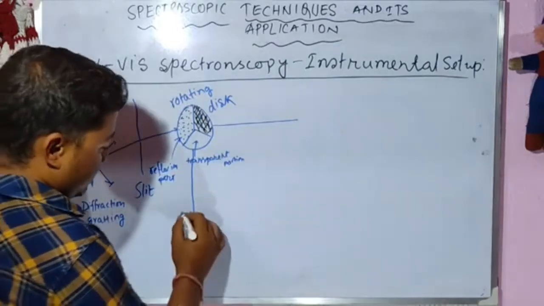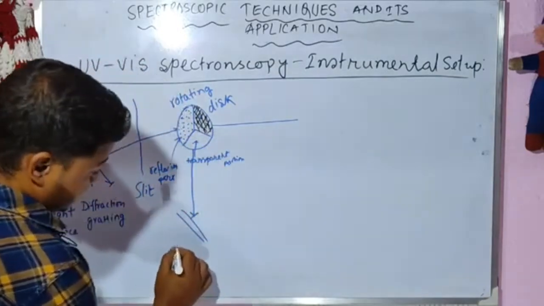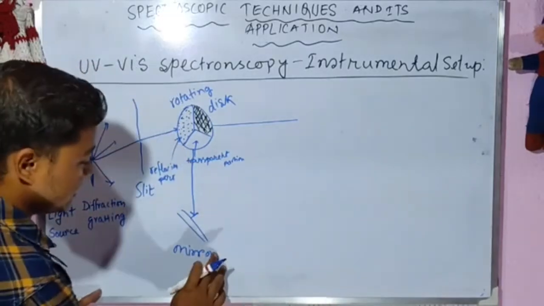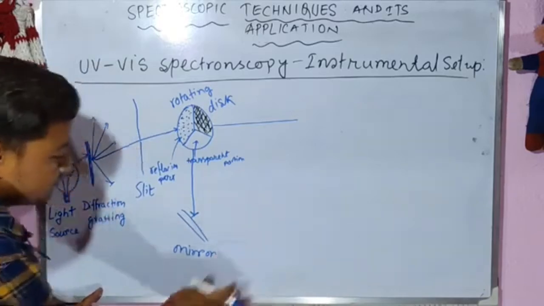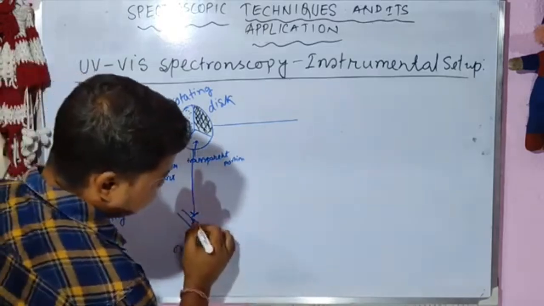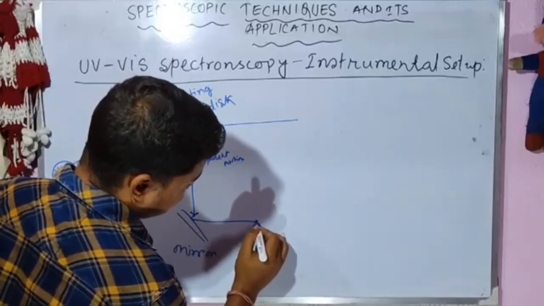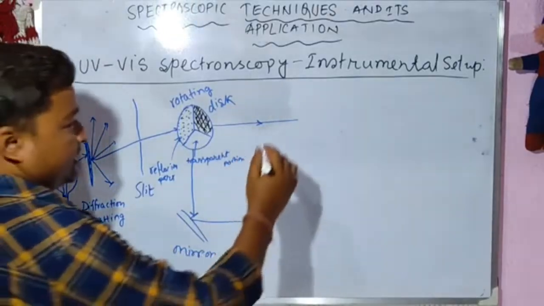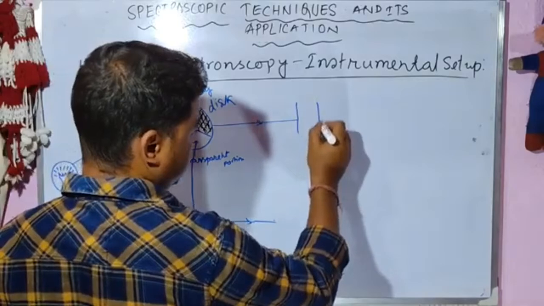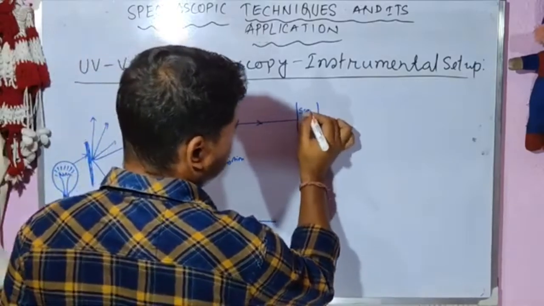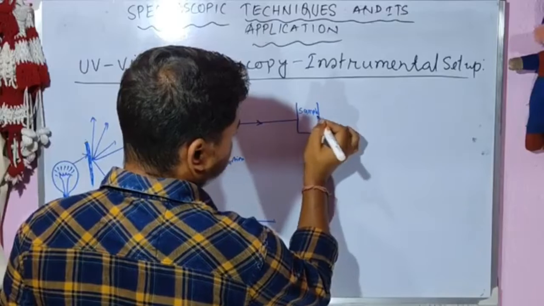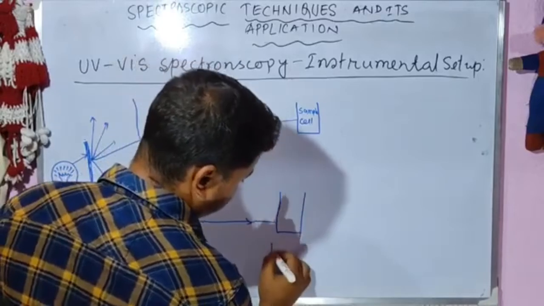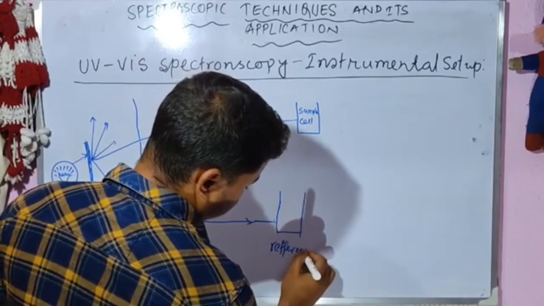Here one mirror is present. It also reflects the light and turns the light into this area. Here is the sample cell, and here is the reference cell.